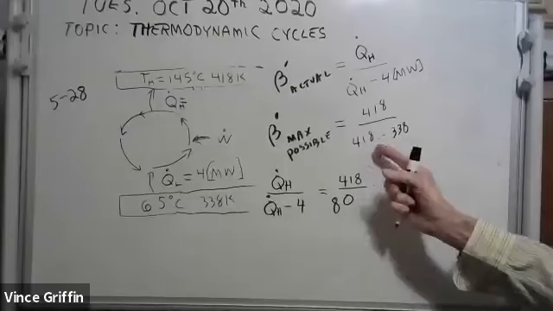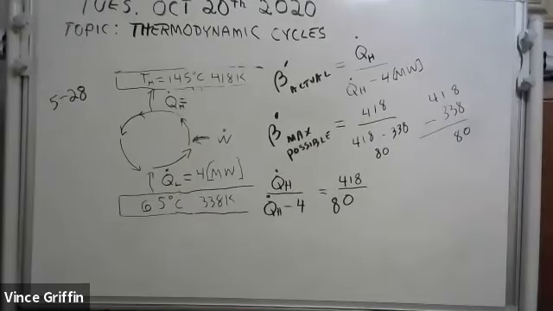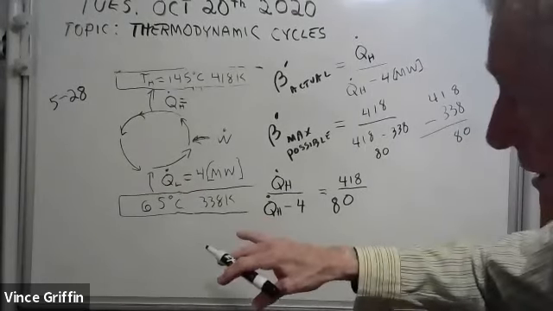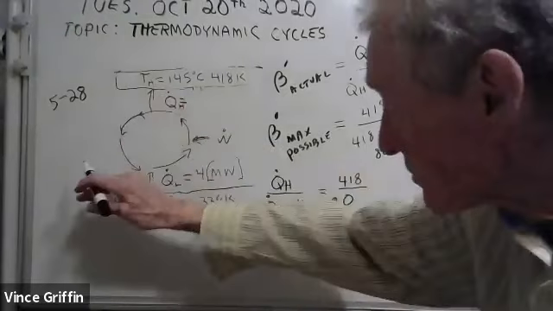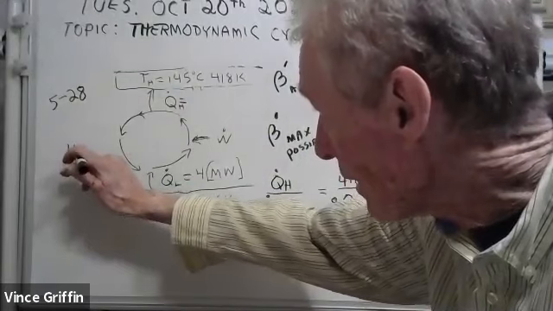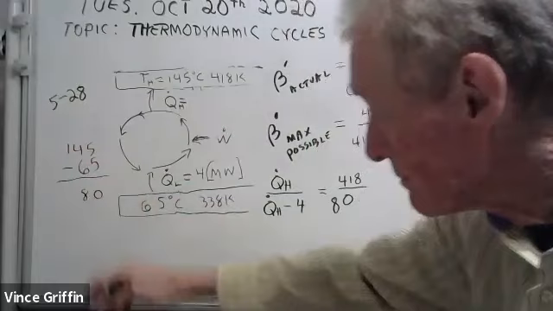So subtract 338 from 418. I'm getting 80. Actually, what I did is I just subtracted 65 from 145. That's a lot easier for me. And I got 80.